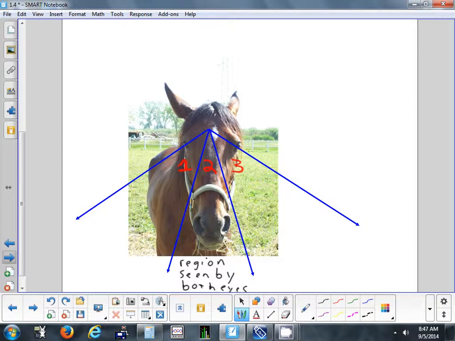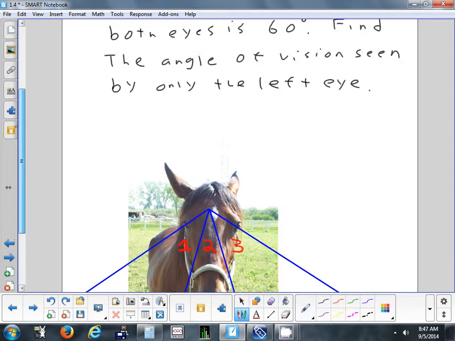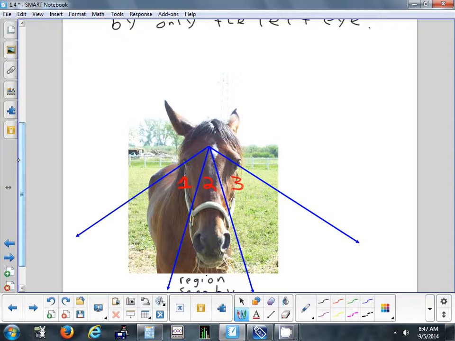And then 2, that's the region right in the middle that's seen by both eyes. So my goal is, if I want to figure out what the horse can see out of just the left eye, which is the same as just out of the right eye, it's the same answer. What am I really looking for in this picture?